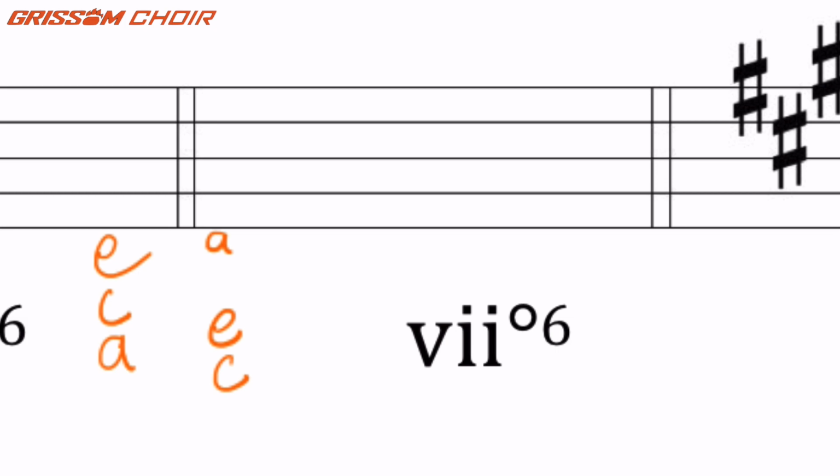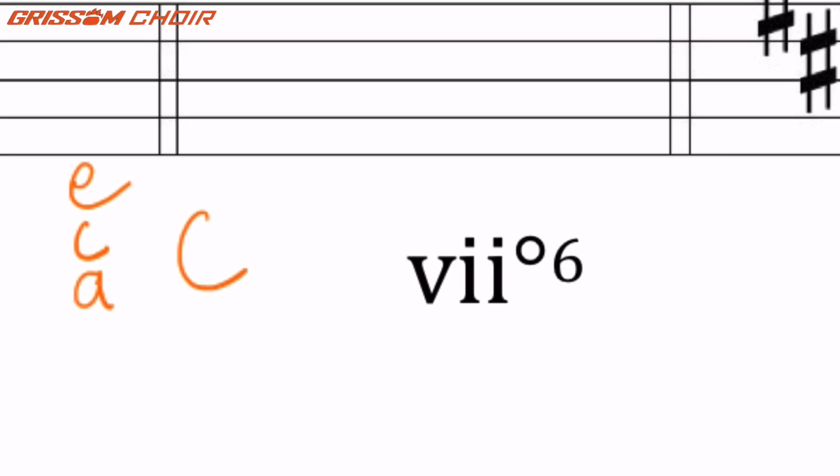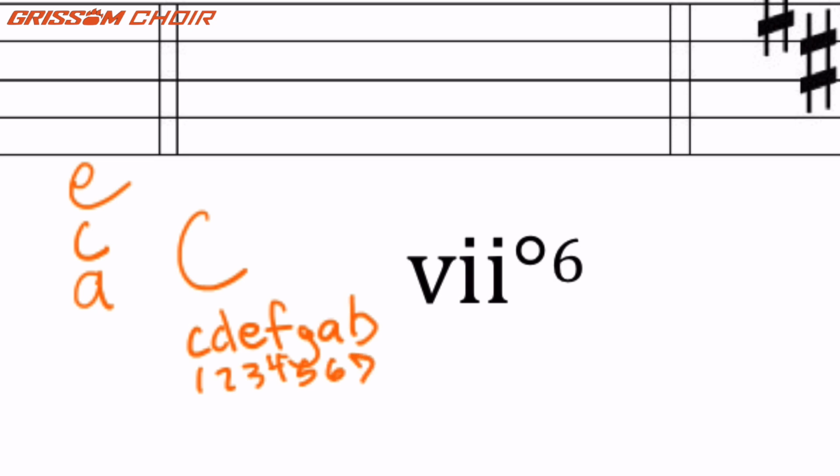No sharps, no flats in the key signature means that we are in the key of C major. We are looking for the diminished 7th chord in first inversion. So the 7th scale degree of C, that would be C, D, E, F, G, A, B. 1, 2, 3, 4, 5, 6, 7.